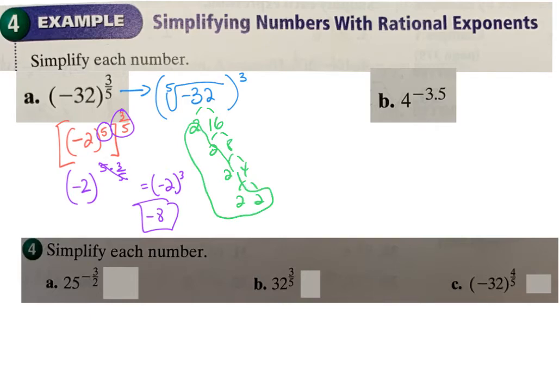I am looking for a 5th root. So I know the 5th root of negative 32, it's an odd root, is negative 2. And so then I can take that negative 2 to the third power. So then I just have negative 2 times negative 2 times negative 2, negative 8. That is the method most people would use for this one, all right? Change it to a radical, use your factor tree for the root piece, and then take that answer to whatever power you have it taken to.